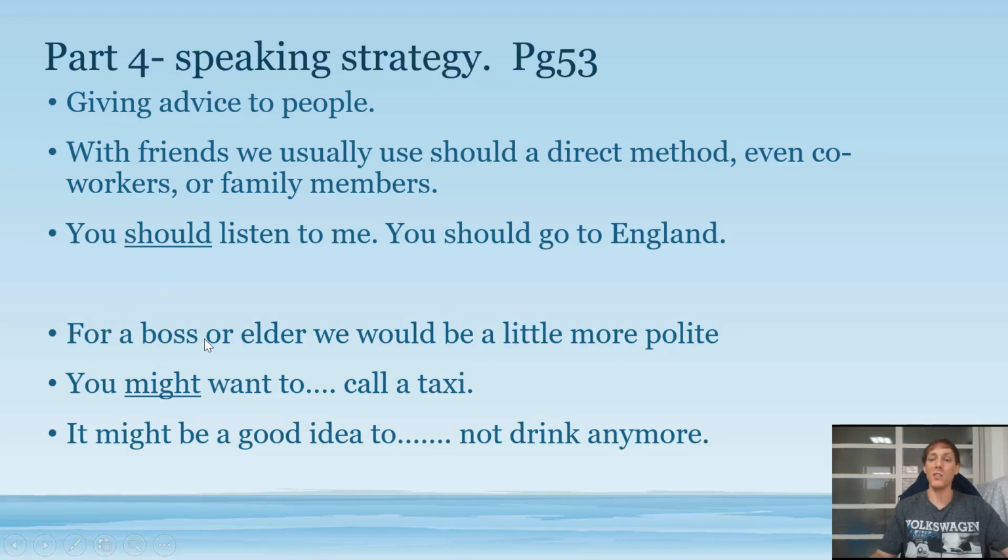So you can see that's an example. For a boss or elder, like 형님 or 선배, you should be a little bit more polite. So I guess I'm elder. So you should say, you might want to call a taxi. It might be a good idea to not drink anymore. So remember, should is for friends, people who we are very close to, like family members and co-workers, and we're being direct.